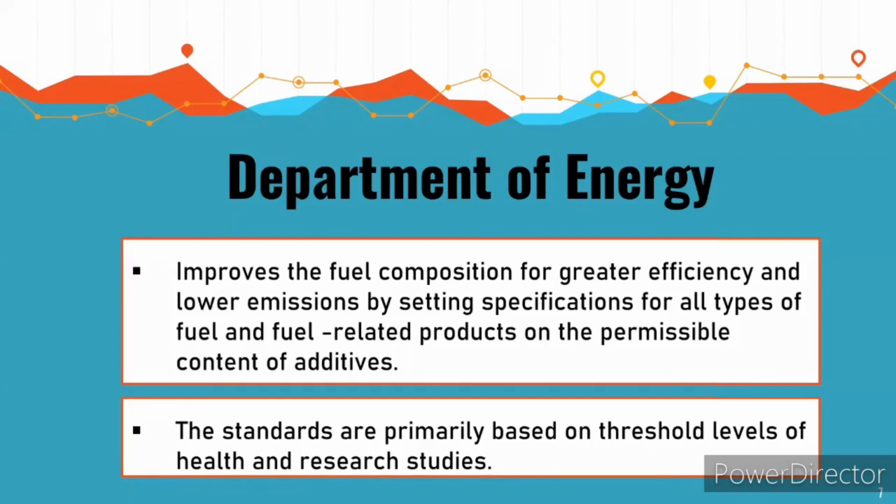The DOE has authority to limit ingredients or begin the phase-out of additives in making fuel and fuel products, especially if it was greatly foreseen as a threat in our environment. But we should remember that the DOE does not only implement standards out of their personal opinions. The standards are primarily based on the threshold levels of health and research studies.